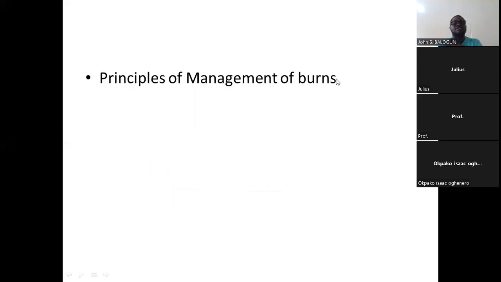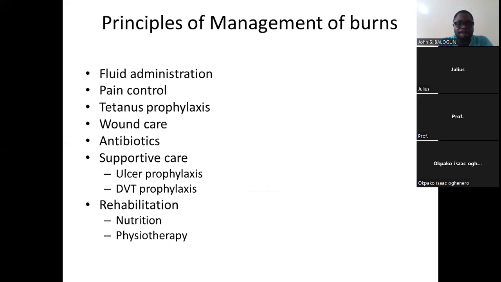Having talked about that, what is the principle of management of burn? The principles of management are hereby highlighted. The first is fluid administration, pain control, tetanus prophylaxis, wound care, antibiotics, supportive care such as ulcer prophylaxis, DVT prophylaxis, nutrition, physiotherapy, rehabilitation.